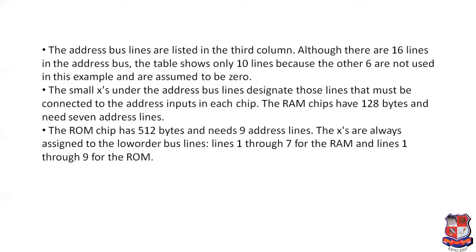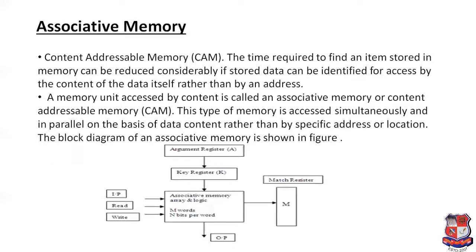The RAM chip has 128 bytes and needs 7 address lines. The ROM chip has 512 bytes and needs 9 address lines. The small x's are always assigned to the lower order bus lines, that is lines 1 through 7 for RAM and lines 1 through 9 for the ROM.